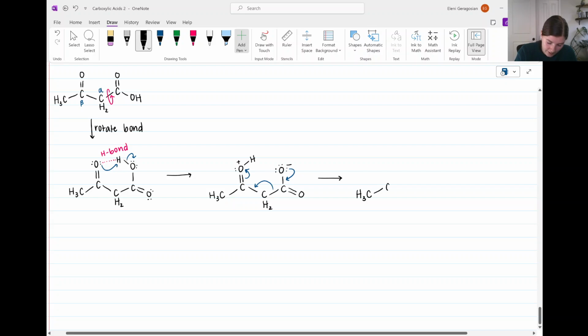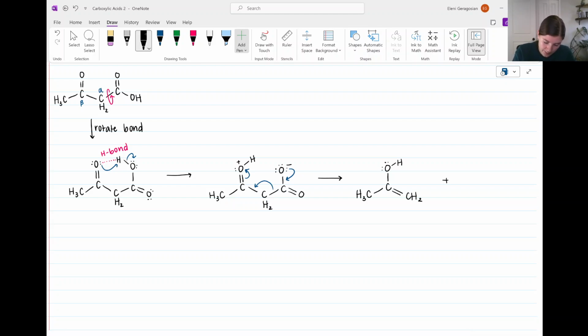So the result of this, we have a methyl group bonded to a carbon that's now single bonded to an OH group and double bonded to a CH2. And then we have carbon dioxide. So we've lost carbon dioxide, the carbon and the two oxygens from the carboxylic acid group.